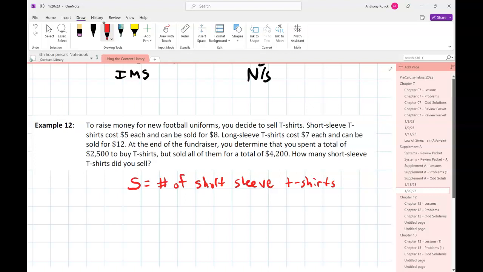Now, important here, we're told that the number of t-shirts sold and the number of t-shirts we bought are the same. So I can just say S is the number of t-shirts. Everybody's cool with that? Was that the only unknown, though? What is the other unknown? What else don't we know?